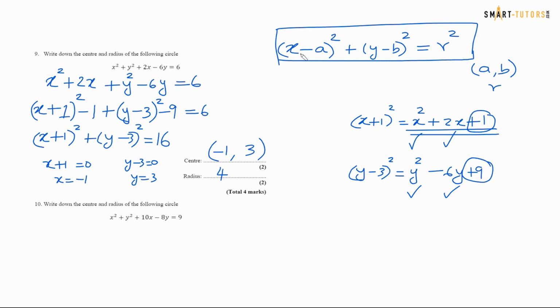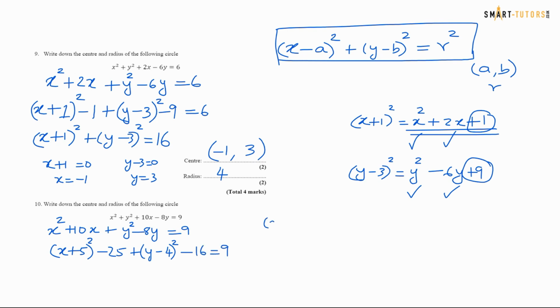Let's look at question number 10. x squared, I'm going to write the 10x together, plus y squared minus 8y equal 9. So I'm going to put that as x plus half of the 10, which is 5, whole thing squared, minus 5 squared is 25, plus y minus half of 8, which is 4, squared, minus 4 squared is 16, equal 9.